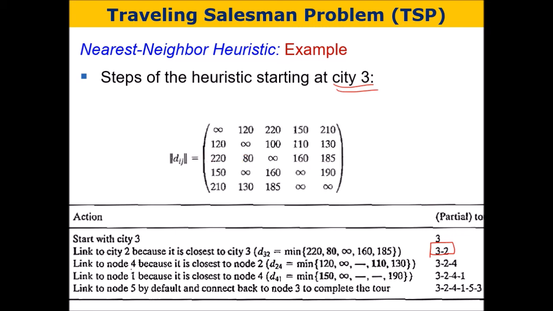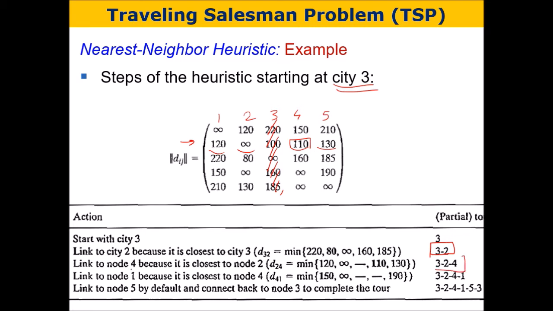We already visited city 3, so it means that you don't need to look at this column anymore. We are currently here, and you will check this number over here. Of course, this is infinity, this number and this number, and the shortest one is this. So you are going from 2 to 4.